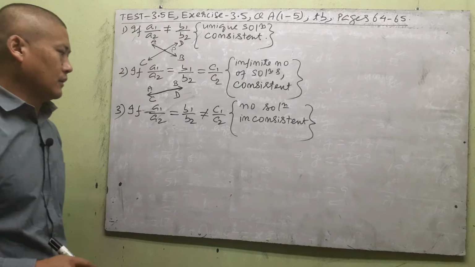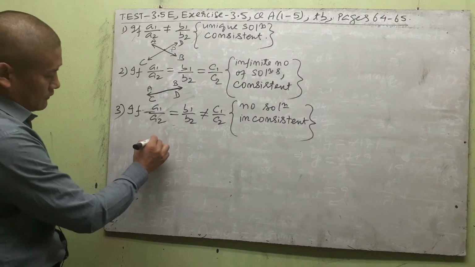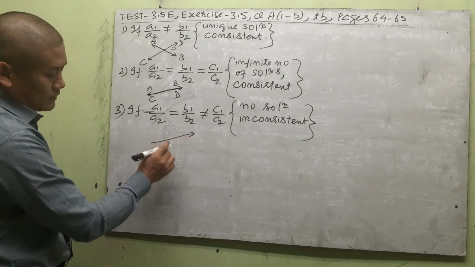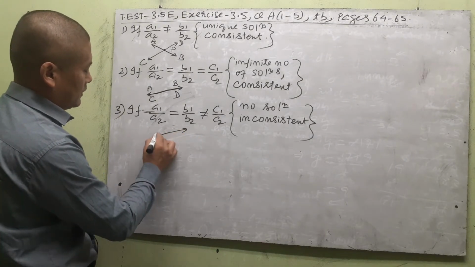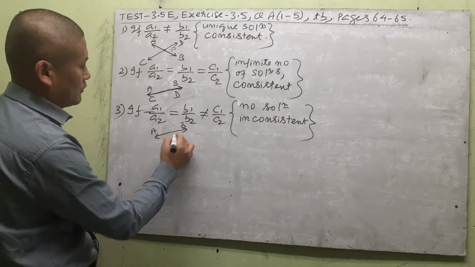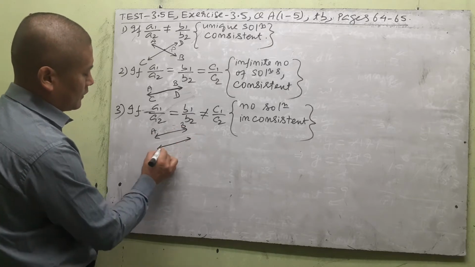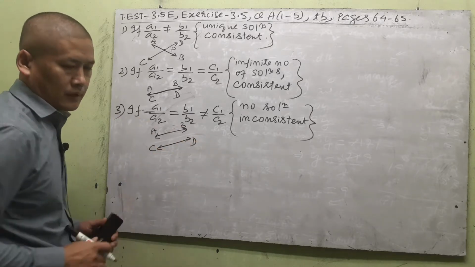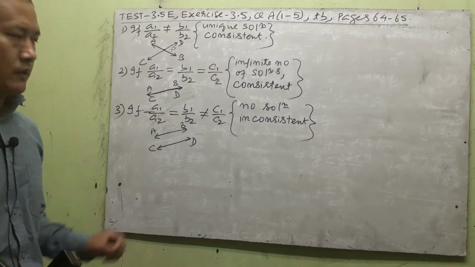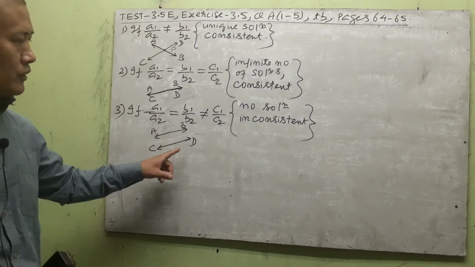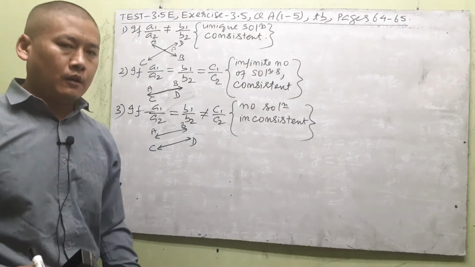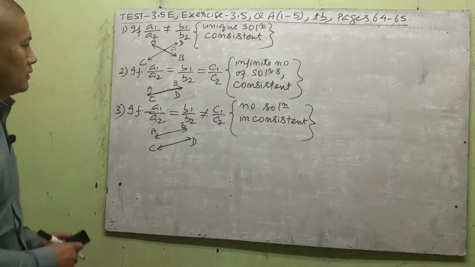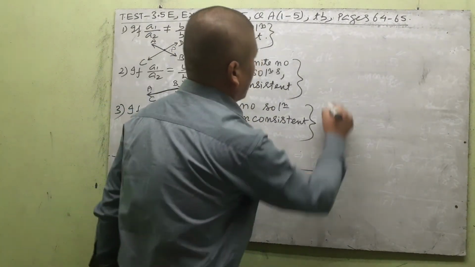That means if you draw the graph of the first equation and you get something like this, AB is the graph of the first equation, let us say, and you draw the graph of the second equation, you'll find the second graph is parallel to the first, and they do not touch each other at any point. Therefore, they have no solution. They have no common value for x and y. So these are the three conditions that we keep in mind as we do this test.